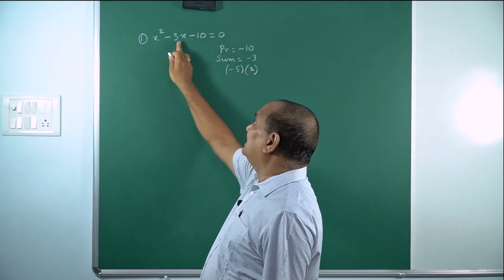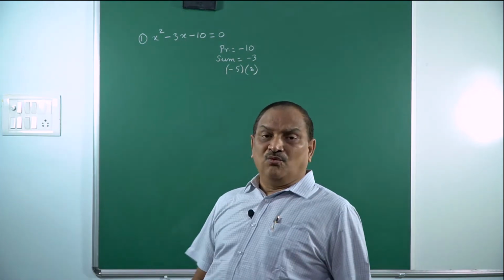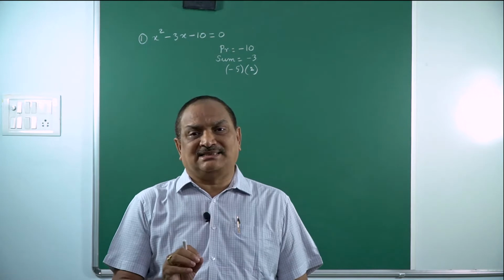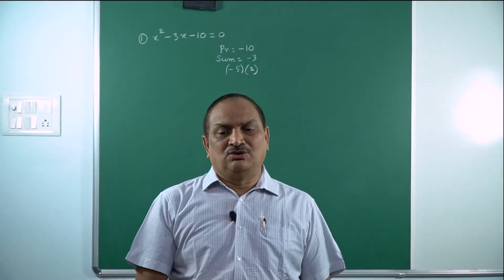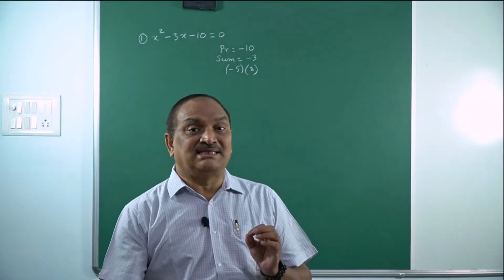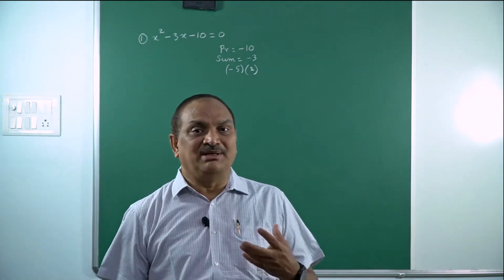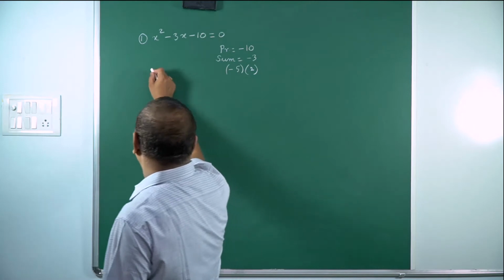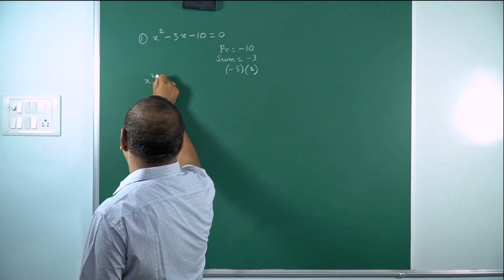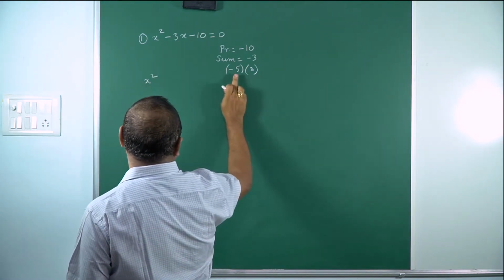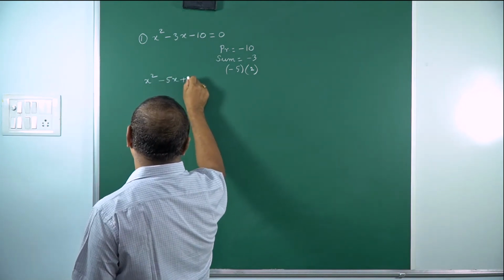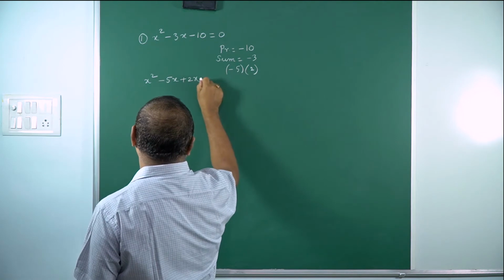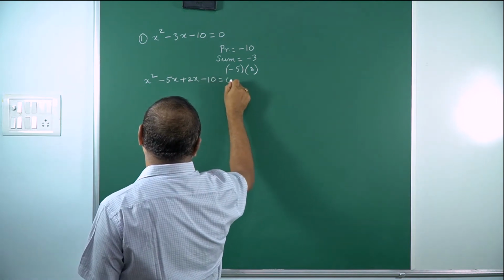And therefore the middle term, whatever you have, we separate into two parts. Instead of minus 3, we write minus 5 and plus 2. This is what you mean by splitting the middle term. So I write here x square, in place of minus 3 I write minus 5x plus 2x, and of course minus 10 equals 0.